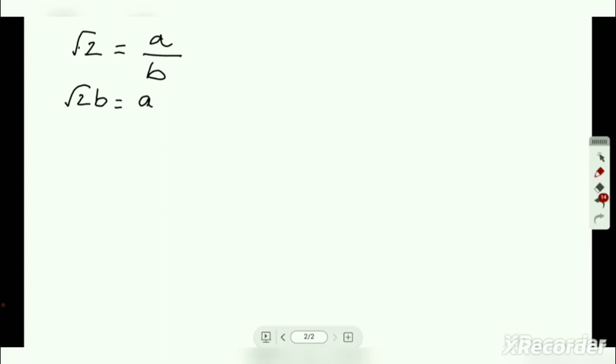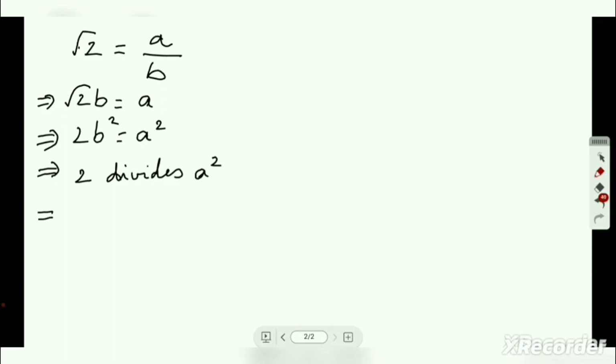Root 2 whole square is 2, so 2b square is equal to a square. So what does it mean? It means that 2 divides a square. If 2 divides a square, then 2 divides a also. Why so?